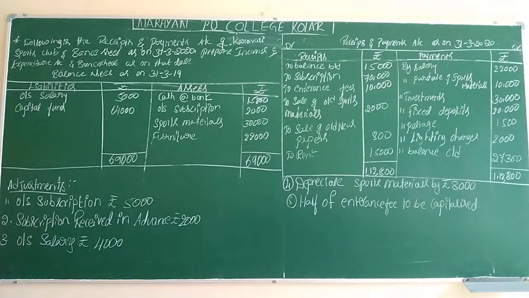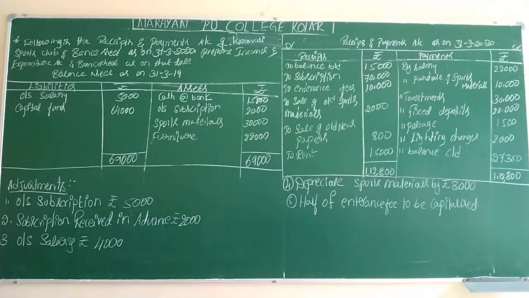If the capital fund is given, we can imagine this is an existing NPO. One more clue is that the previous year's balance sheet and the present year's receipts and payments account are given, so this belongs to an existing NPO. On the asset side: cash at bank, subscription outstanding, sports materials, furniture.